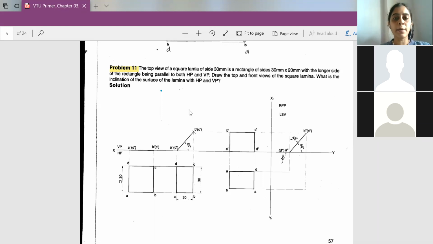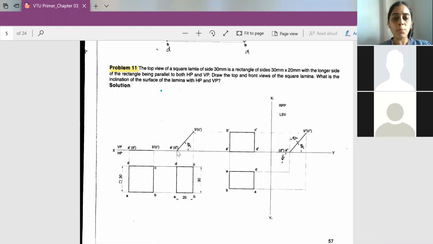After constructing A, B, C and D, then you will take the projection above. Projection from A and D, projection from B and C. Okay, so we don't know until where it is. You just extend the projection here. After extending the projection from B and C, you go back to the first stage and measure this distance with the compass.